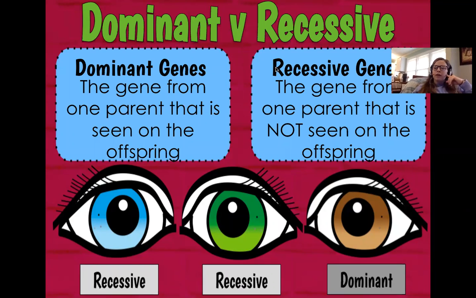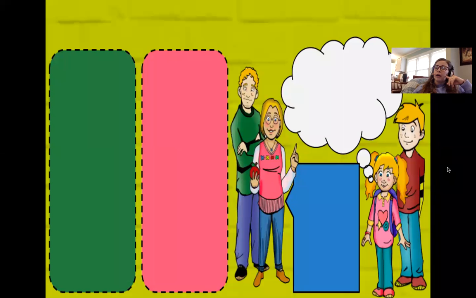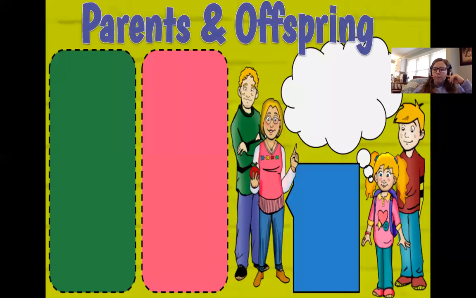Oh, hold on. Guys, if you are not finished yet, please take a screenshot so that you have this for future reference. Okay, so the next slide is our parents and offspring slide.